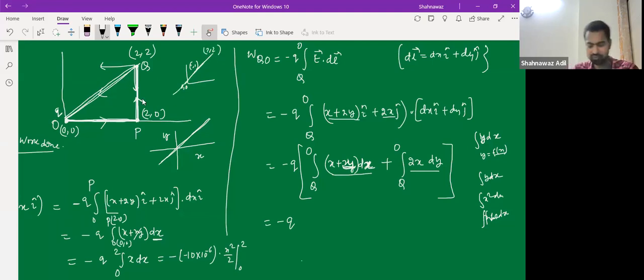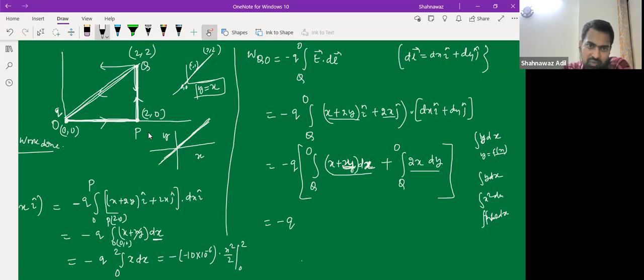So if my slope is, 0 is 0, 1, 1, 2, 2. So y is equal to x, right?